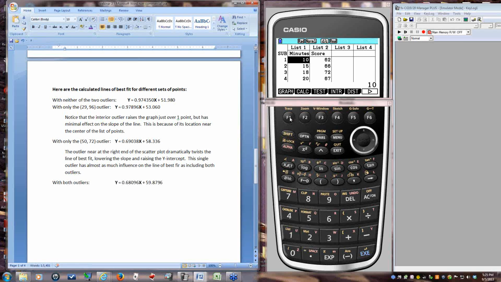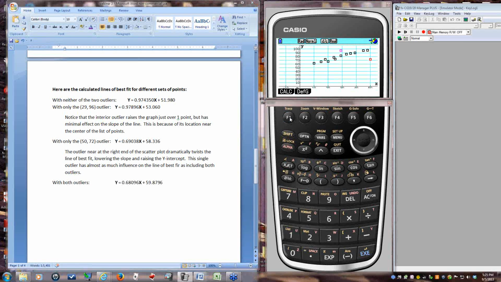Although actually one thing I do want to talk about now, as long as we've done that, one of the things, if I had that line of best fit in here, notice what happens when I have just the 50 and the 72.